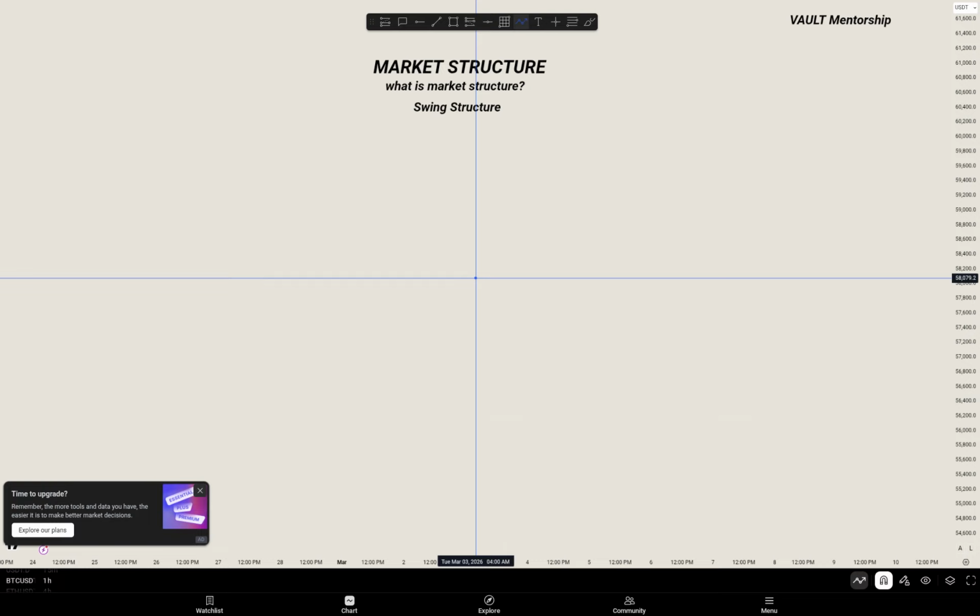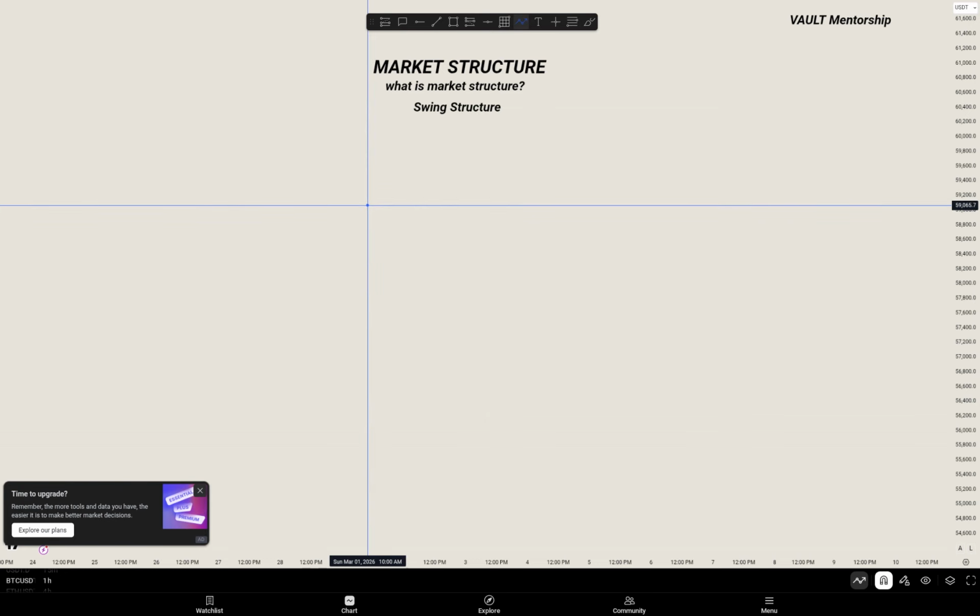So the swing structure helps us identify and create our bias, because the main foundation of technical analysis and getting entries is forming a bias. Forming a bias comes from understanding the swing structure, like where the market is headed.